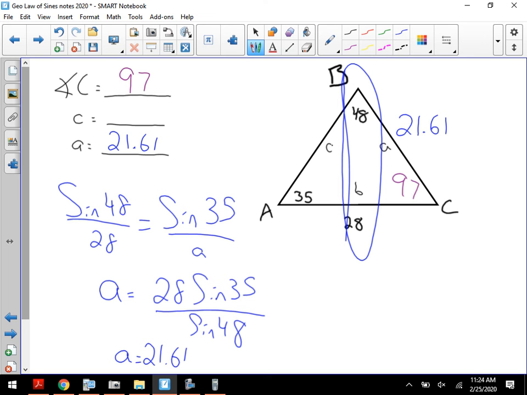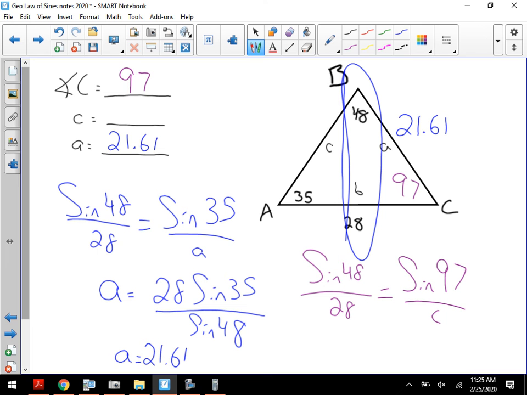Now I can use that 97 to find little c. But what I'm going to do is reuse what I knew to start with. I know the sine of 48 is to 28, because that was our given, angle to side opposite. That then has to equal the sine of 97 over little c. Isn't that little c in the same position as we found little a? That'll happen quite often.